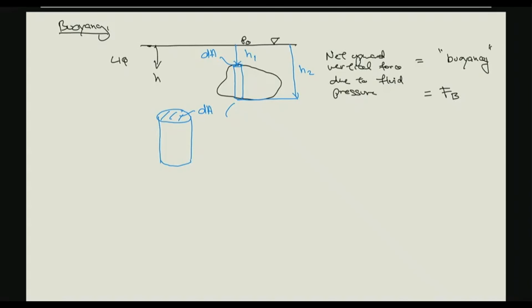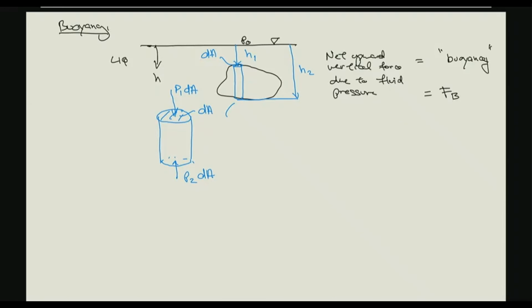Due to the pressure, we have acting towards the top surface the local pressure, so let's call this P1, times the differential area dA. And then the bottom surface will have the local pressure P2 times dA, acting towards the surface in both cases.